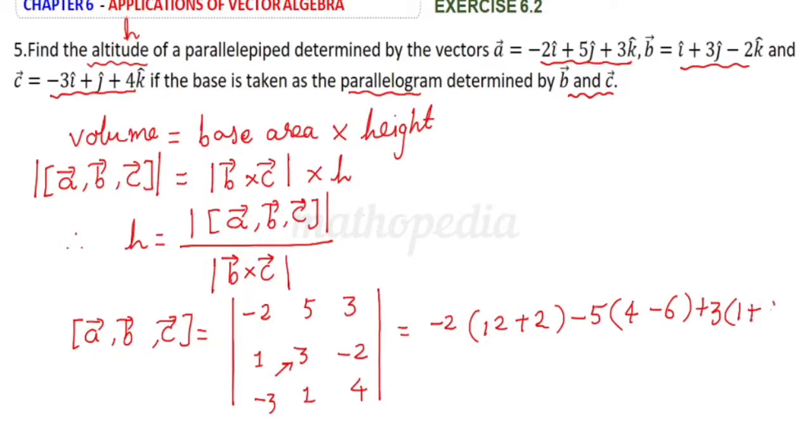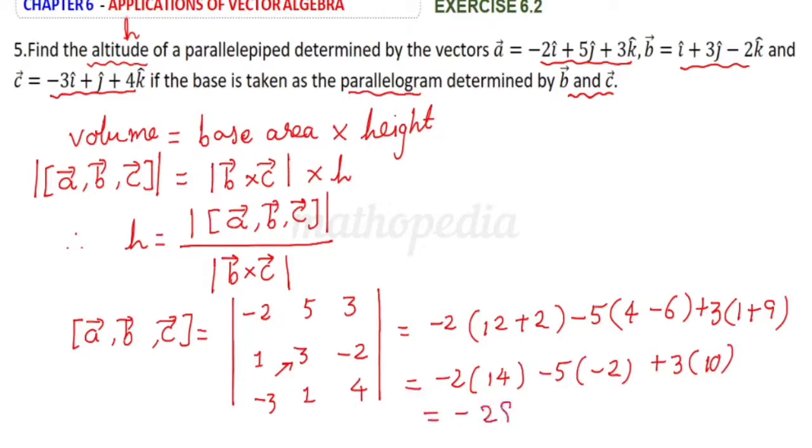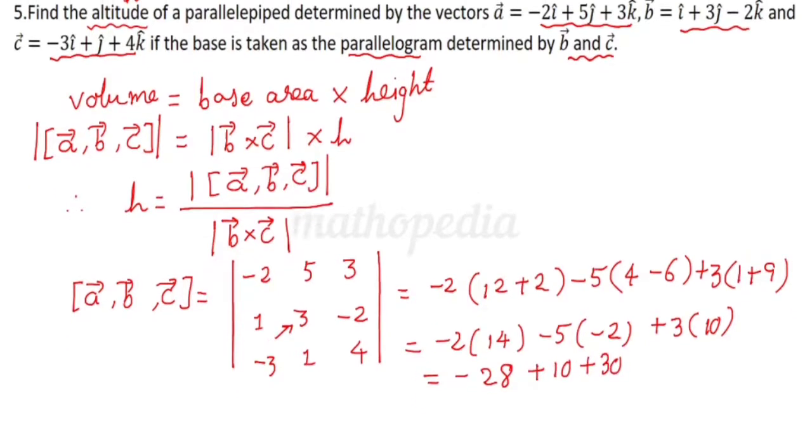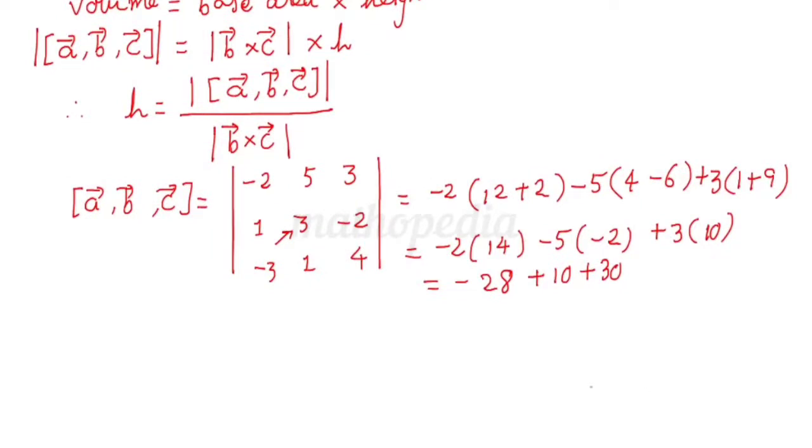So -2 into 12 plus 2 is 14, minus 5 into -2, plus 3 into 10. So this is -28 plus 10 plus 30. So that is equal to -28 plus 40, so plus 12.